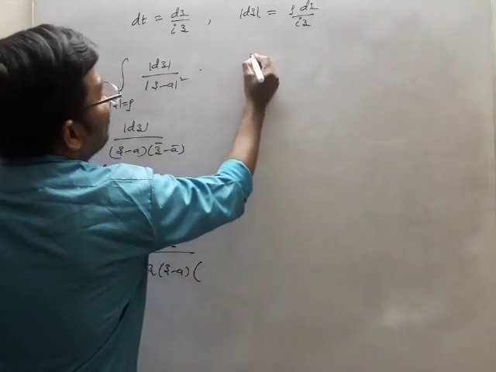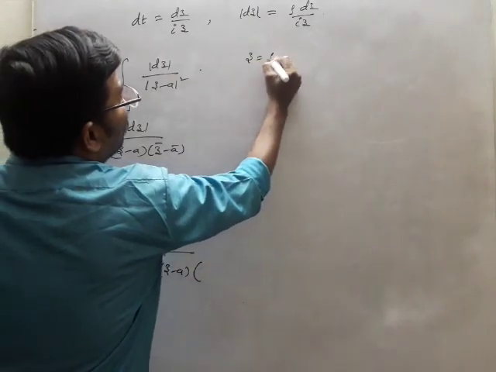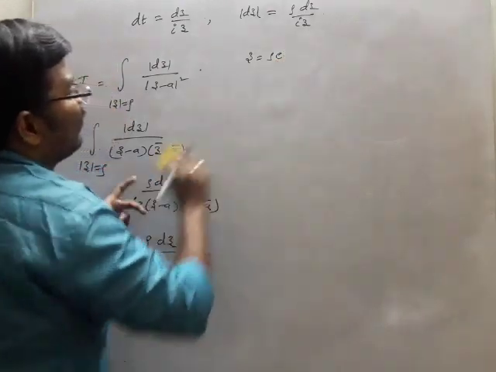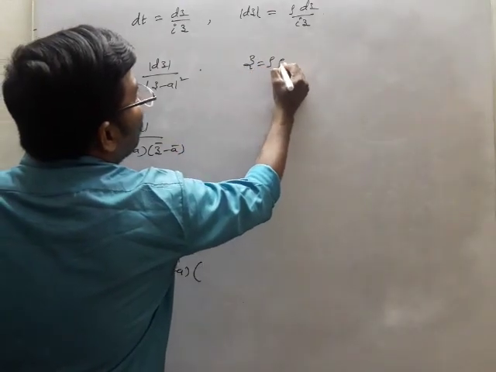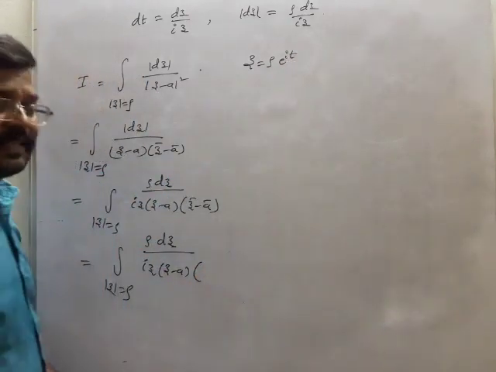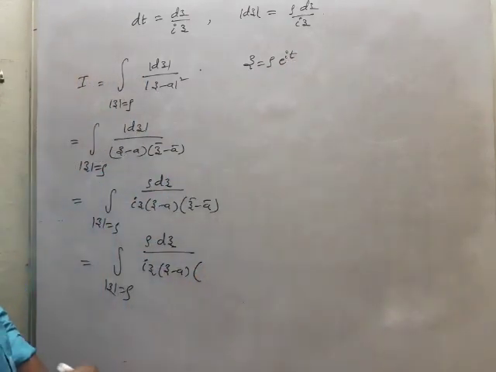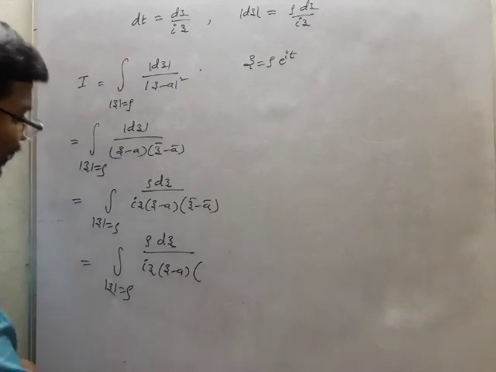We know that z is equal to rho e power I theta. This is what we have. So what is the value I should find out now?